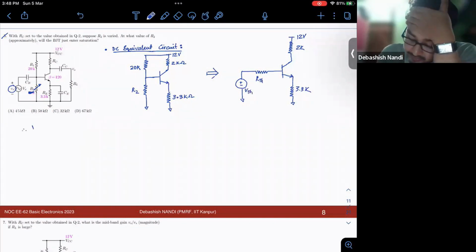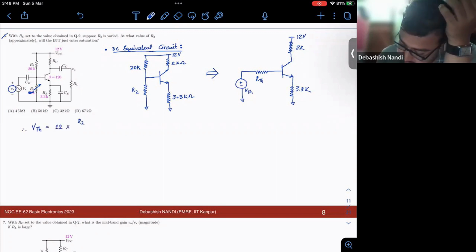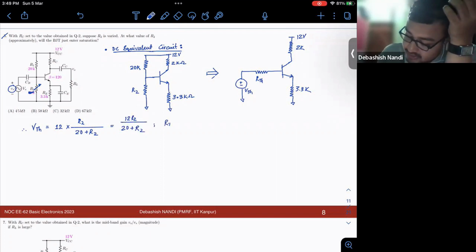So my VTH would be 12 into R2 by 20 plus R2, R2 is in kilo ohms. And my RTH would be parallel combination of these two, right? So 20 R2 divided by 20 plus R2.